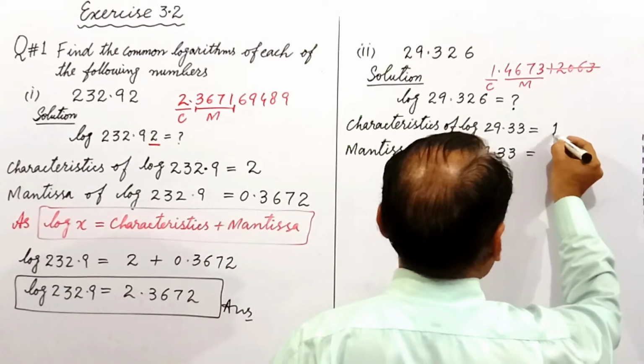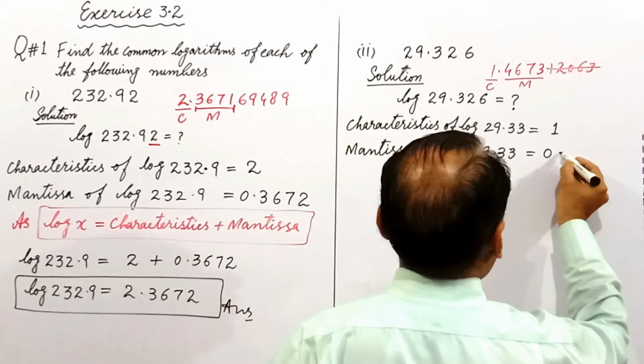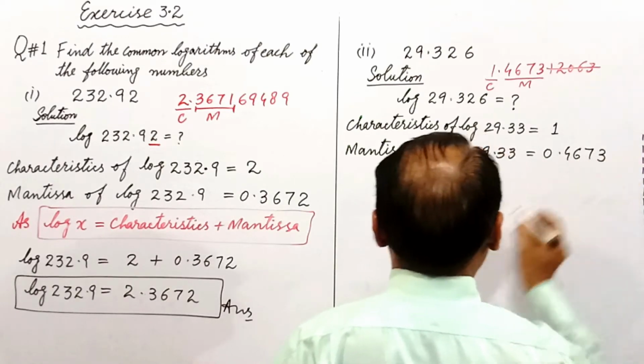We have characteristic as 1 and mantissa as 0.4673.